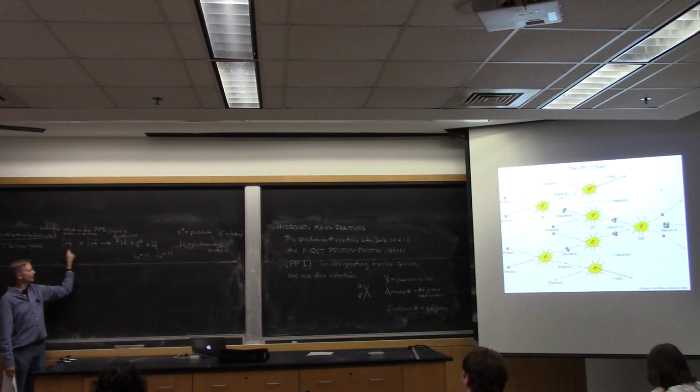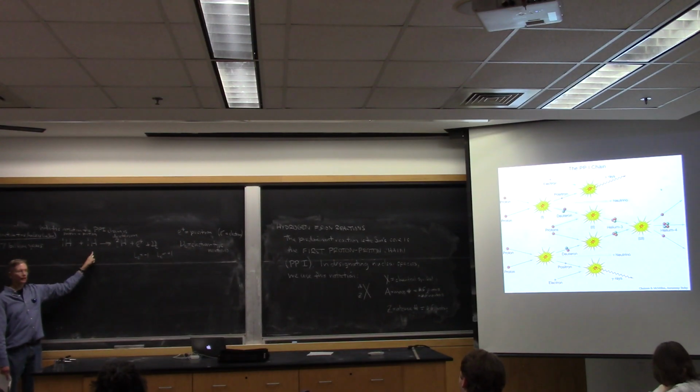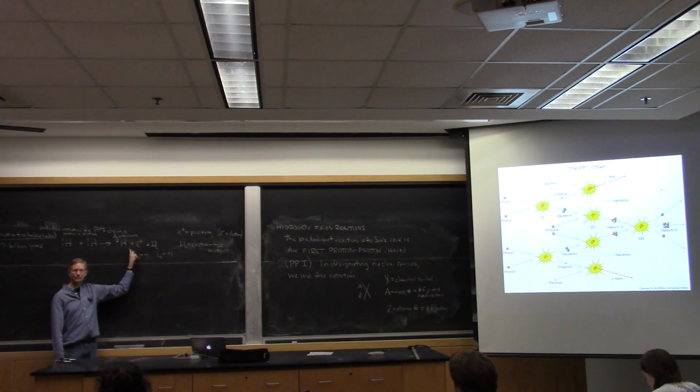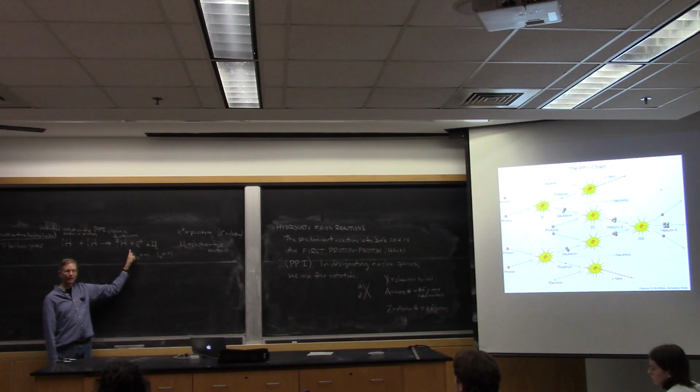How many baryons, protons or neutrons, are on this side of the reaction? 2, right? Proton and a proton. How many baryons are in this side of the reaction? Where a baryon is a proton or a neutron, and an antibaryon is an antiproton or an antineutron. How many baryons over here? 2, because this is a proton and a neutron.